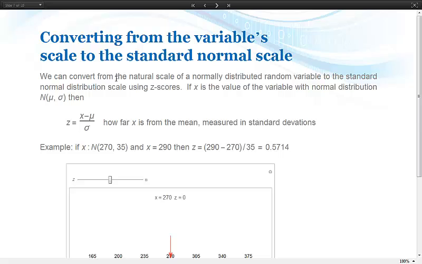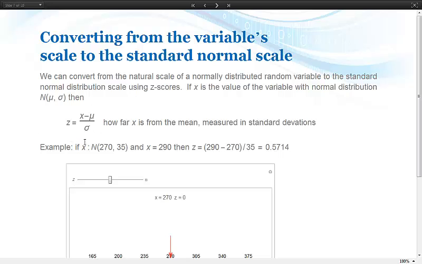If x is the value of the variable where it's normally distributed with a mean mu and a standard deviation sigma, then I get my z-score as x minus the mean, that is x minus mu, divided by sigma. That's how far the value is from the mean in terms of standard deviations. We scale it by dividing by the standard deviation.